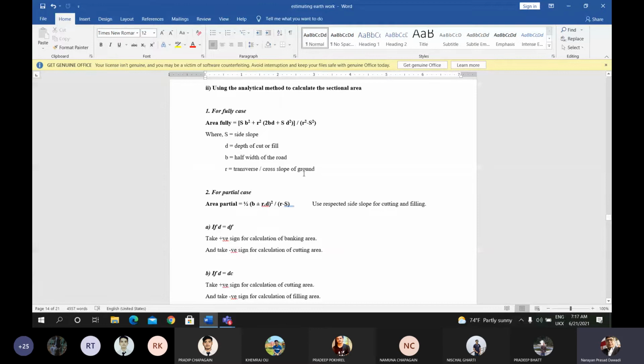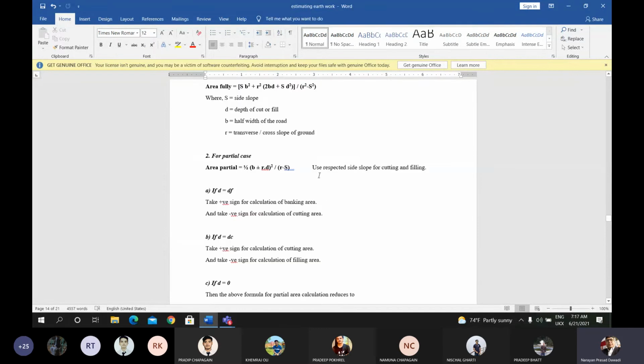You have to use this formula: half b plus minus rd, whole square, divided by r minus s, where d is the respective depth provided, and s will be the respective side slope of the cutting or filling. r is the cross slope that is calculated or provided for the partial case. If d is equal to 0, that is calculated by using the mean harmonic slope, then at that time the r value will be Rm.